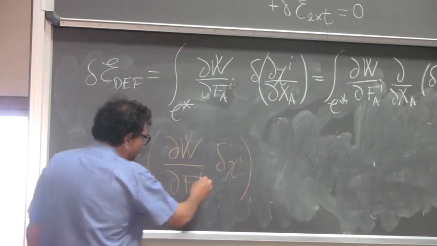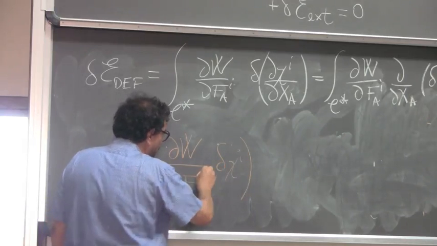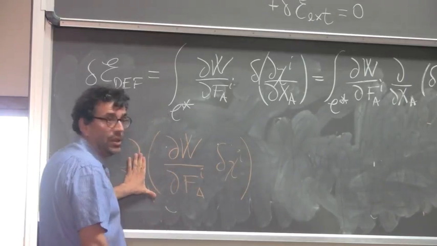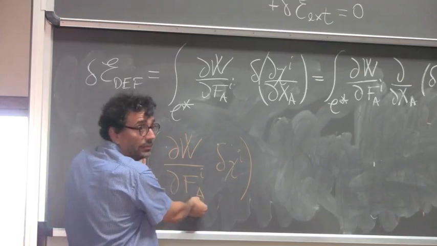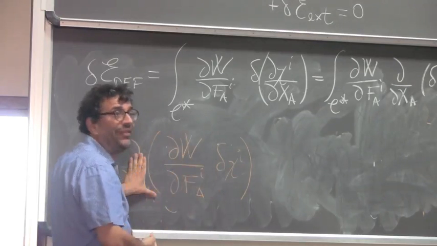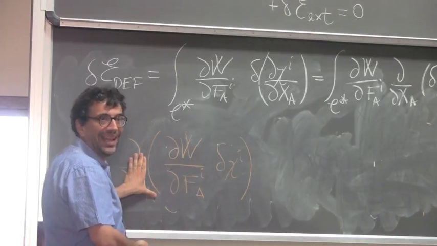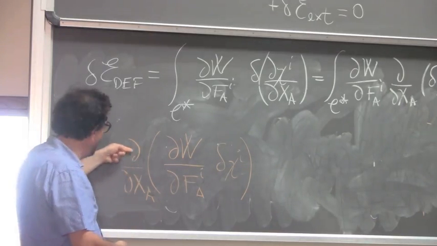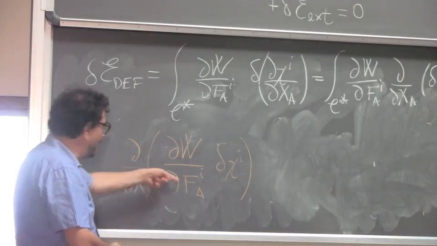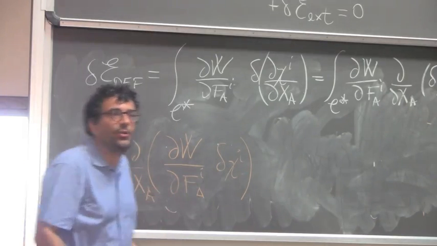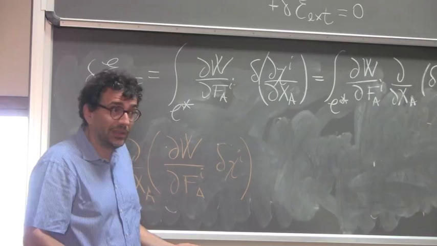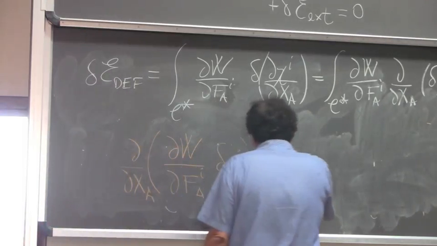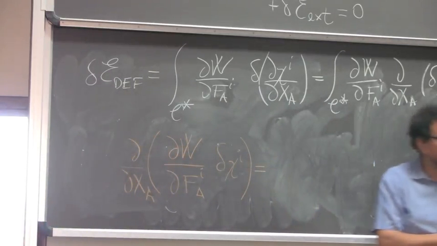So, you have this summation of this. If you do this derivative, you have a free index A. So this is a Lagrange vector. What happens if you calculate d over dx_A, sum over A? You are calculating the divergence of this vector. Okay? You apply Leibniz rule.